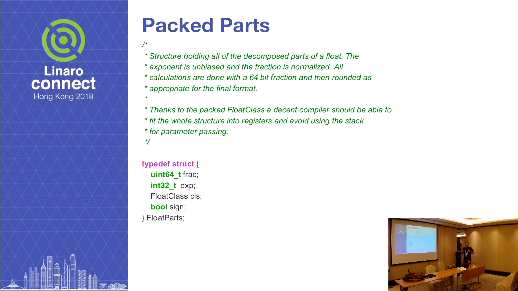One of the reasons for this is, in an effort to make the code generic, so we only had common code for all of our adds and subtracts, we had tried quite hard to represent floating point numbers in this structure called float parts, which was able to represent floating point numbers of all sizes. So we do the operations on a 64-bit fraction and then make the appropriate rounding changes at the end.